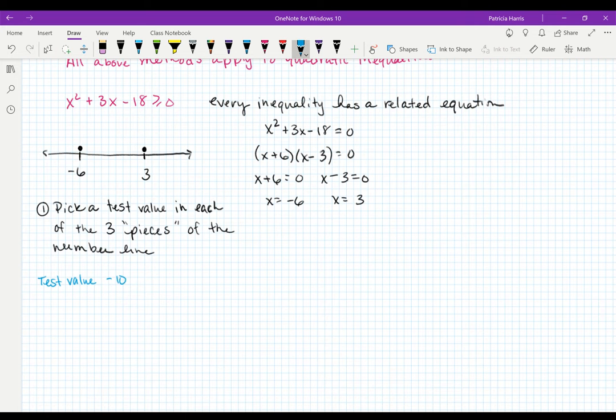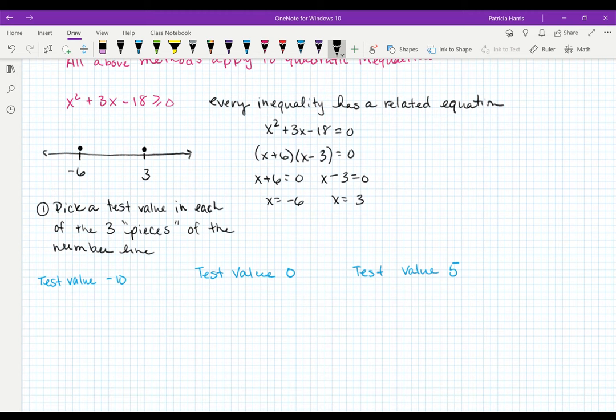Then for my second test value, I'm going to pick a 0 because it's in between -6 and 3. And for my last test value, I am going to pick 5. Now we're going to plug those test values into our inequality and see if we get a true statement.